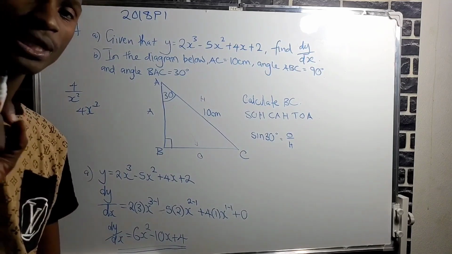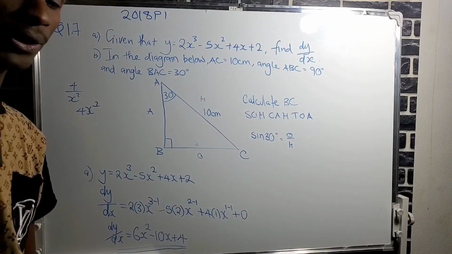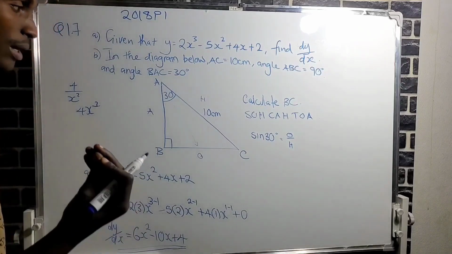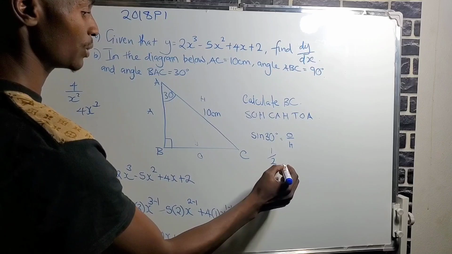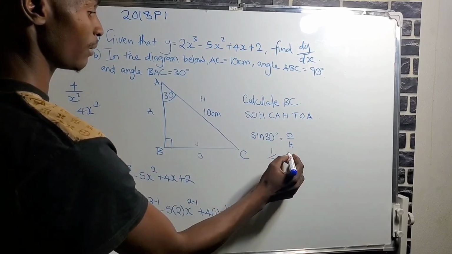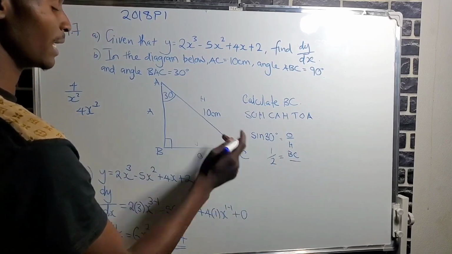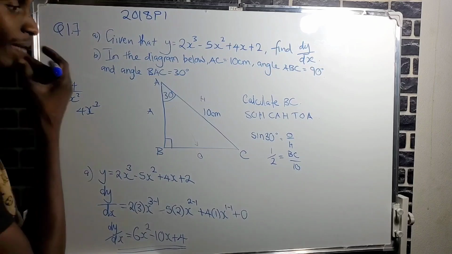Sine 30 without a calculator is 0.5 or 1 over 2, a half. These are called special angles. So sine 30 is 1 over 2, equal to the opposite, which is BC, the one we are calculating, over the hypotenuse, which is 10. Then we cross multiply.